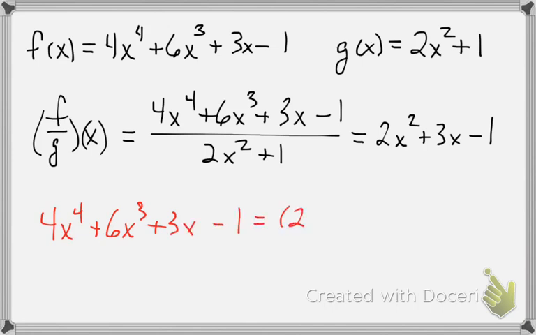One of its factors is 2x squared plus 1, and the remaining factor is 2x squared plus 3x minus 1. If it divides cleanly, then that is a factor. You could remultiply this out to verify, and you'll get that answer back.